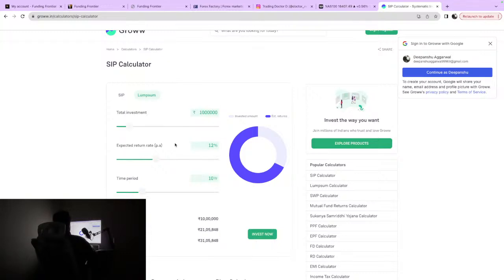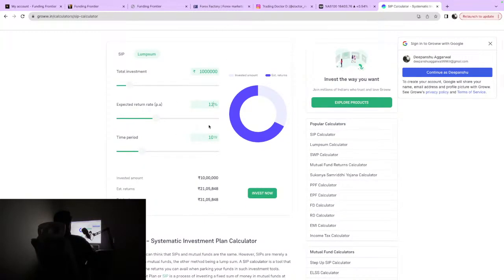Right, 10 lakhs. Suppose we are making just 18% a year. Just see the amount in 20 years.